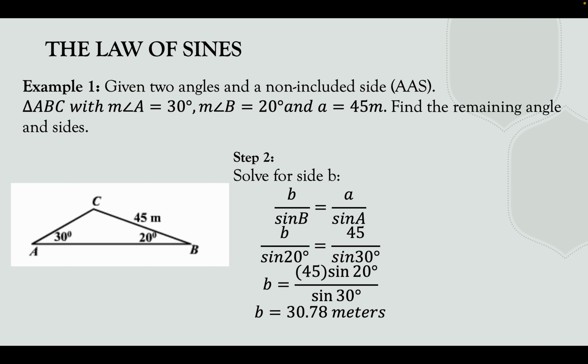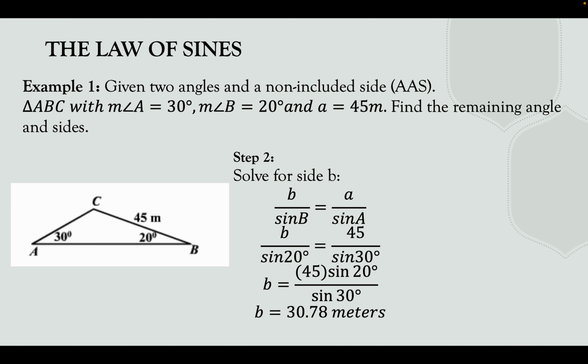First, we will solve for side B. In solving side B, we will use B over sine B equals A over sine A. So we just need to substitute the given. We have B over sine 20 equals 45 over sine 30, since side A and angle A are given already.